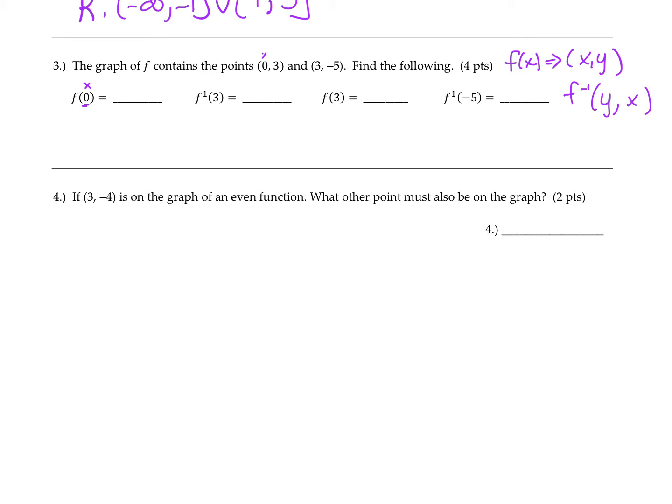So if x is 0, my output is 3. Now it's saying the inverse of 3, this should say -1s here. If the inverse is 3, this is saying y is 3. That means this would be 0. F of 3 would be -5. F of the inverse of -5, well, that would be the output y, so it's looking for x, so this would be 3.